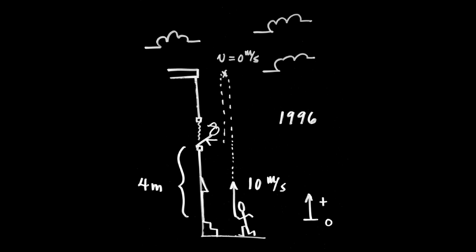Now its velocity is negative because I have chosen upward to be the positive direction. Now as it falls, its velocity is negative. So for it to speed up, which it does, I have to subtract velocity in every second. That is, the acceleration is negative on the way up and the acceleration is negative on the way down. In fact, the acceleration is negative 9.8 meters per second squared for the entire motion.